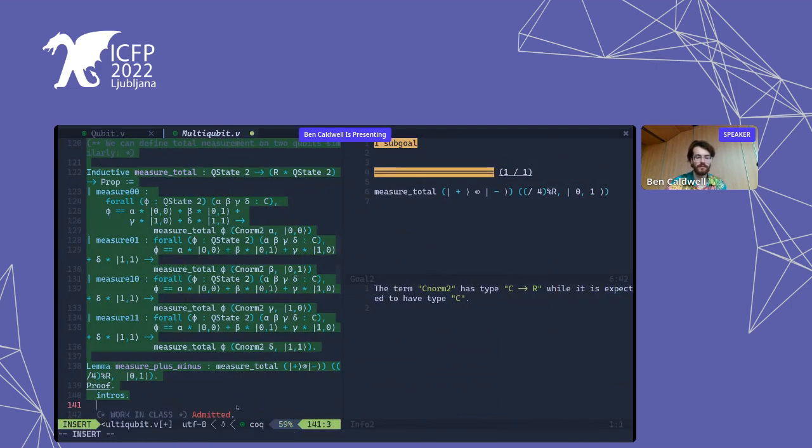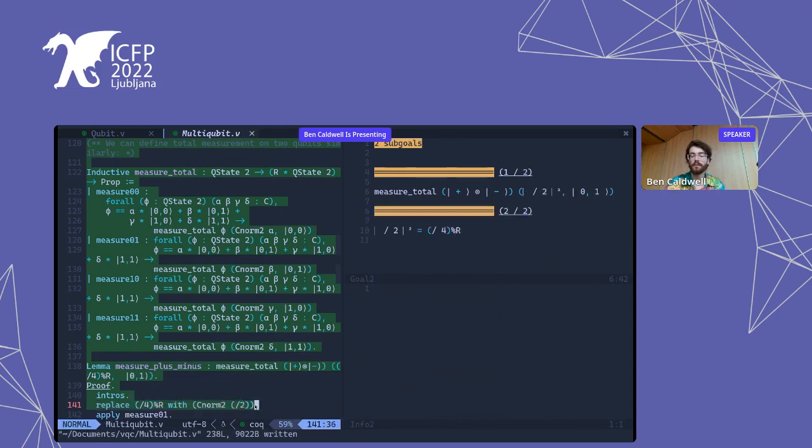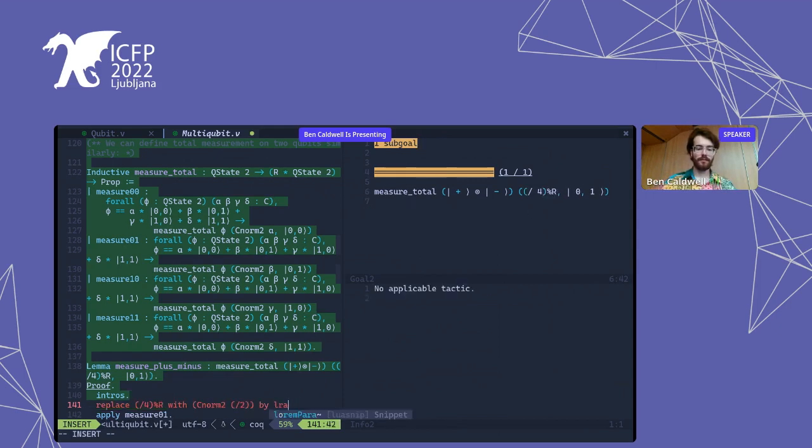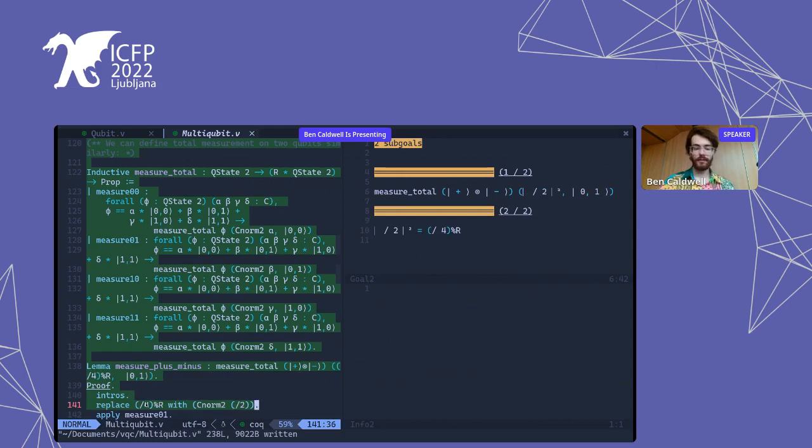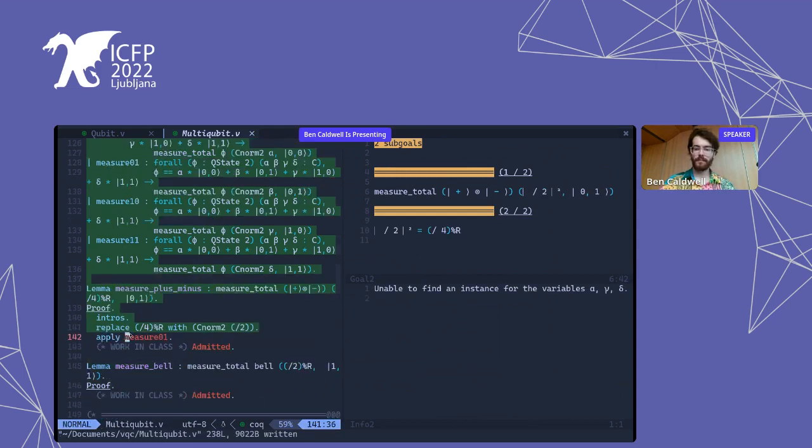You might need to cast that to an R, so I'm not sure if it knows that it's a real. Okay, yes. Is it able to do this with any of these? No. Okay, but that's what we want to do, and now we can apply the measure. Yeah, this is not LRA. It's division. LRA can't solve this. Oh, right.